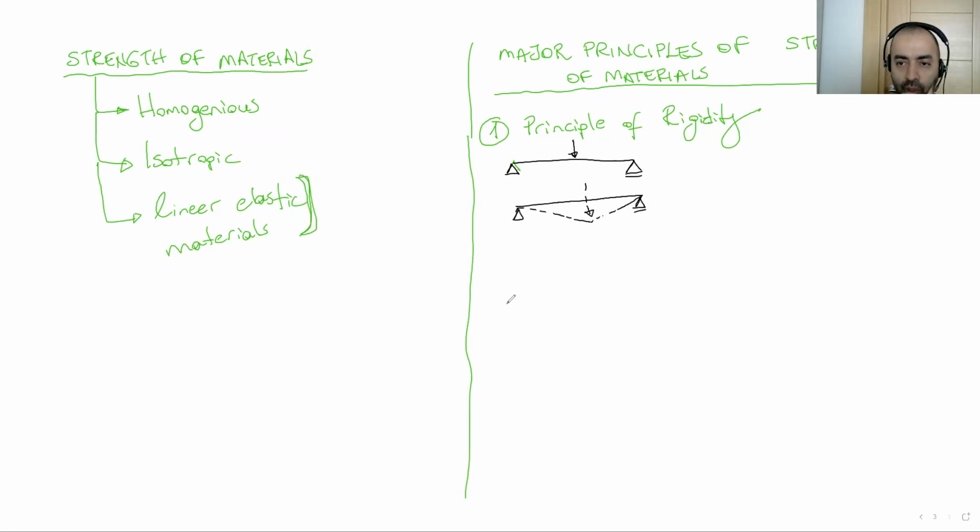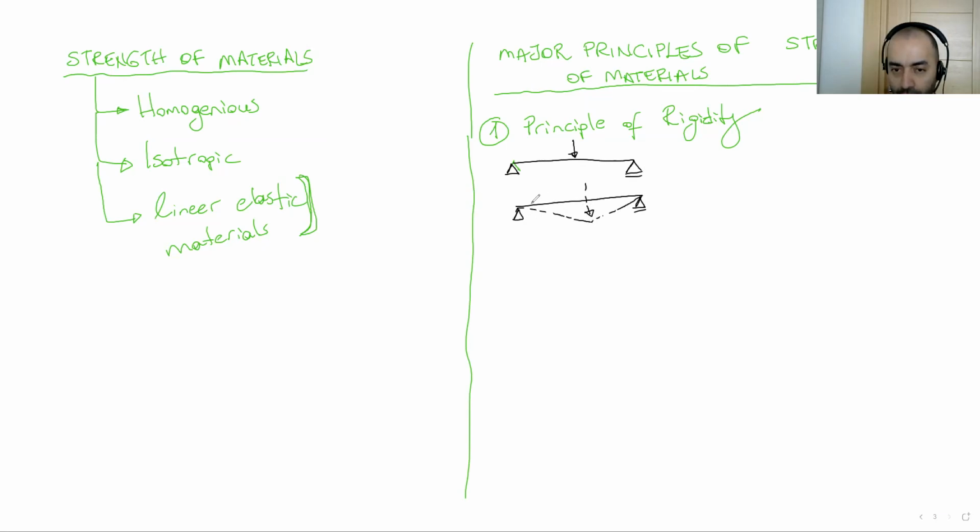So what we do in this principle of rigidity: under this loading, this member gets a new shape like this. While I'm drawing these sketches, I'm exaggerating a little bit. You don't see any structural member like this, by the way, but to show what we are doing, I'm exaggerating in my sketches. Under this loading, we get this new shape.